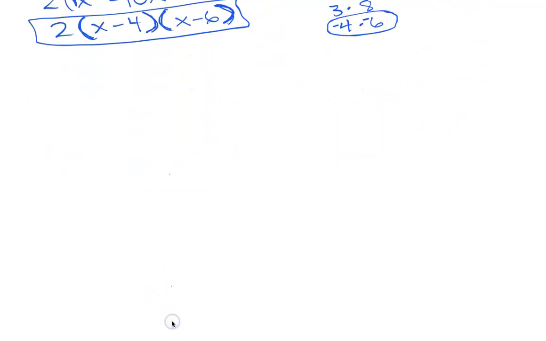Okay, so let's get started into some stuff today. Remember that formulas are things that you need to make sure you have memorized, and you might need some of the formulas from last time. The slope formula is m equals y2 minus y1 over x2 minus x1.